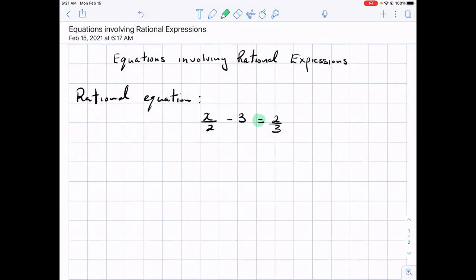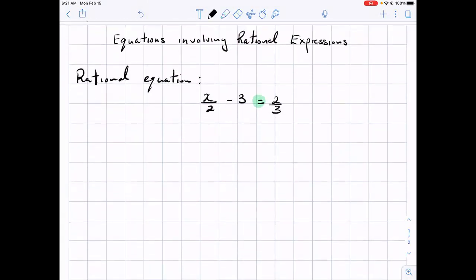Okay? Another example of a rational equation, we can have 6 divided by a minus 4, and that is equal to 3 over 8. So once again, because of this equal sign here, that makes it a rational equation.